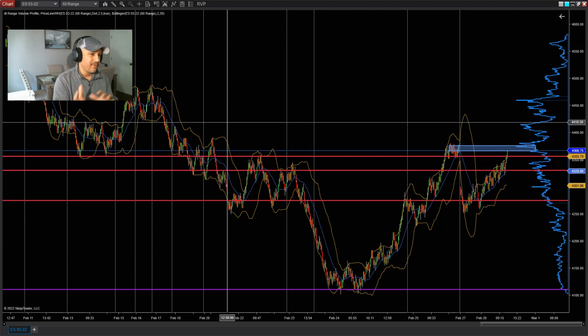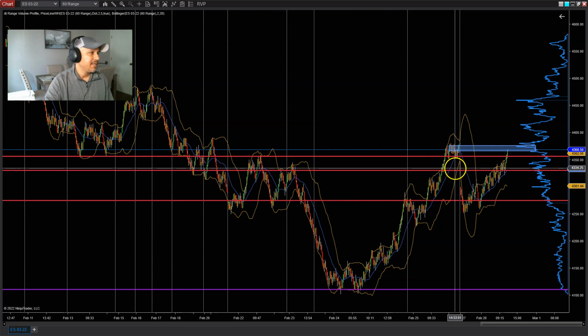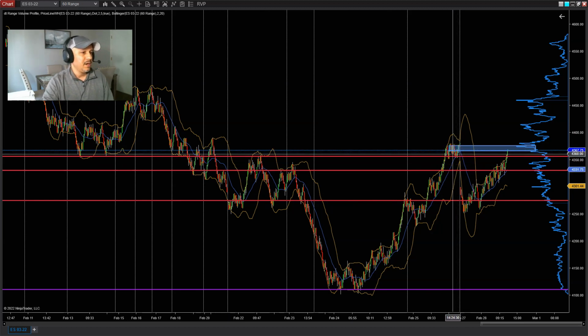If you look at a 60-minute versus a 60 range, they kind of look the same, meaning when price swings, you can see the swings match up and mirror each other. But I just like looking at the 60 range. I think I'm going to start using the 60 range going forward. I used to use, I think, a 50 range, but I'm going to start using probably the 60 range because range charts just look cleaner to me.